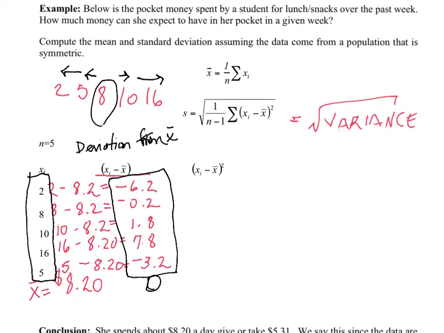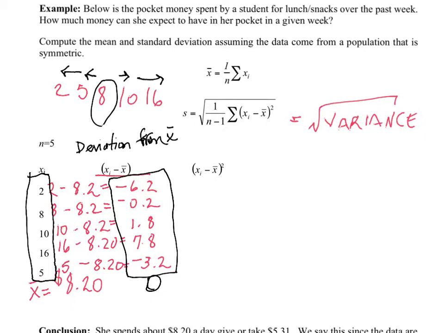What's causing them to cancel is this sign. So what I really want is a measure of deviation, but I don't care which direction it goes in. I'm interested in deviation from the mean, so I can actually drop the sign and average those values, but that's not the convention used in statistics.